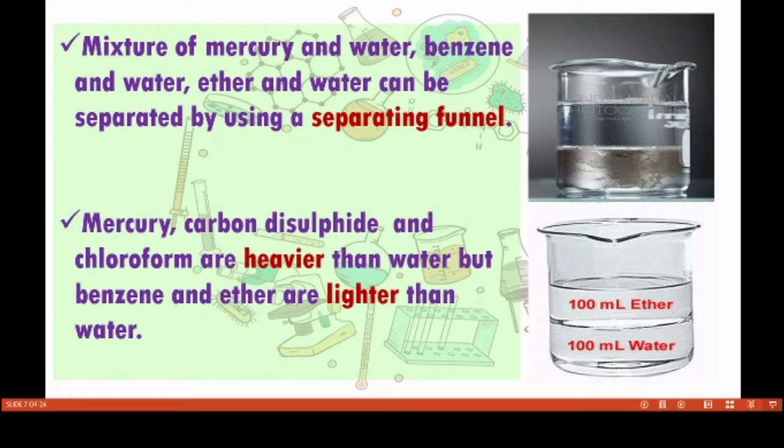Because mercury, carbon disulfide and chloroform are heavier than water, but benzene and ether are lighter than water. So, using the separating funnel, we can separate the mixture of mercury and water, carbon disulfide and water, and chloroform and water.